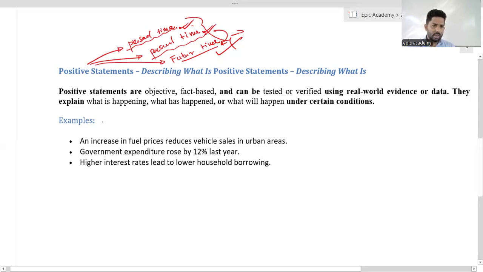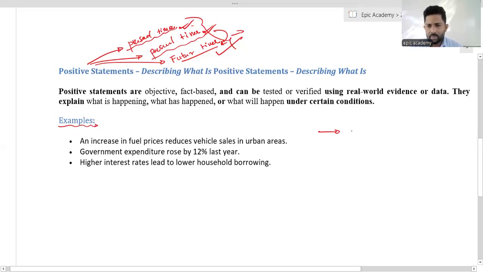As an example, let's discuss what kind of examples you have to identify related to the positive statement. Keep in mind that you have to choose positive statements and normative statements in the exam.